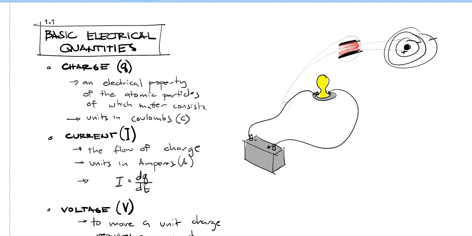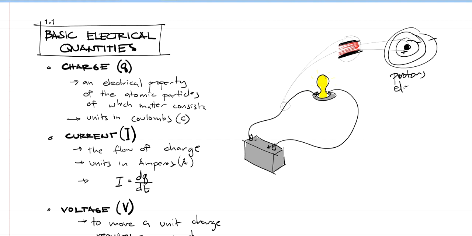So we have protons and electrons, and those electrons and protons have charges. They're the ones exhibiting the charge. One is negative, that's the electron. One is positive, that's the proton.